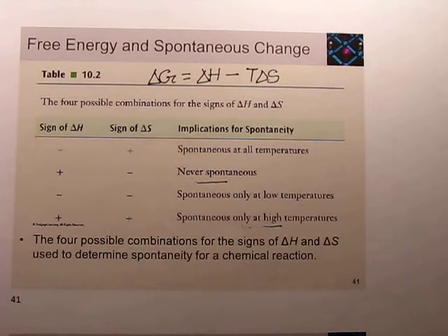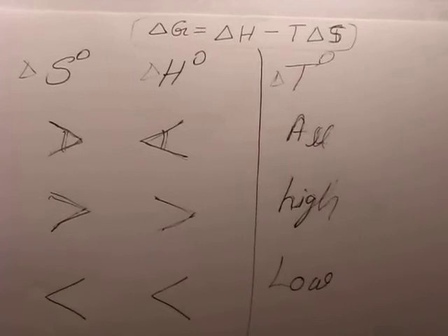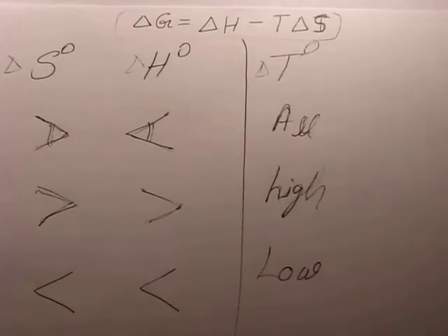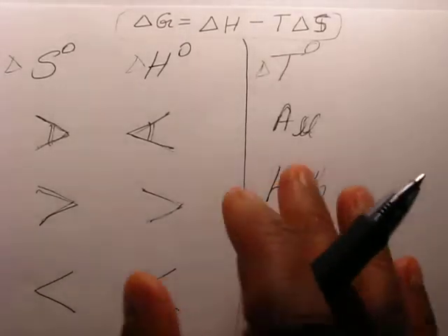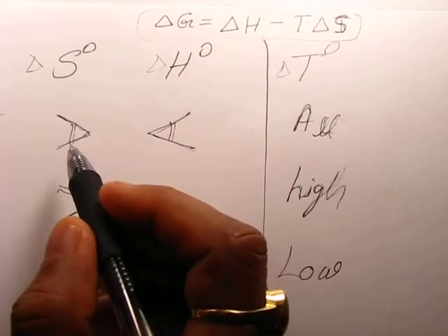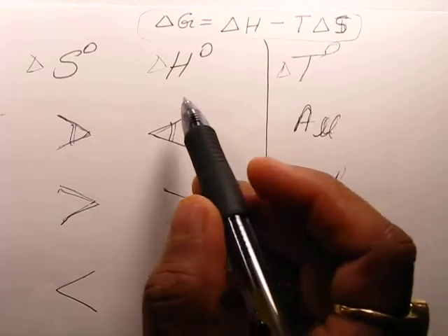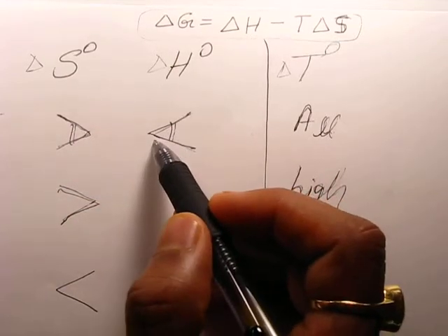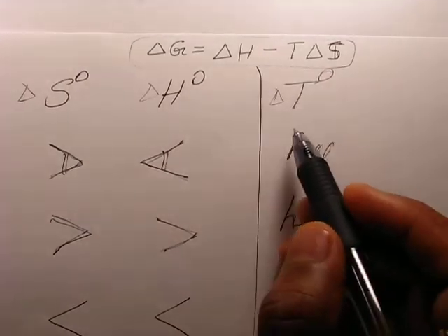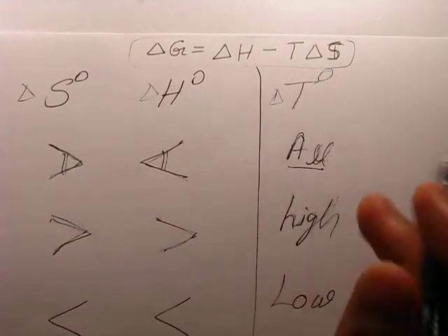There is one more very simple convention which I came to know from this slide: if delta S is high and delta H is low, then it will be spontaneous at all temperatures.